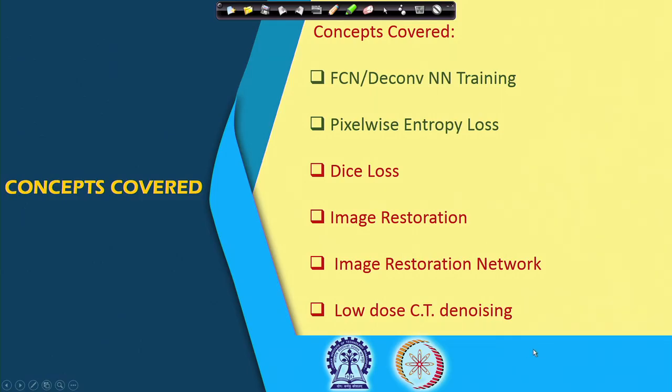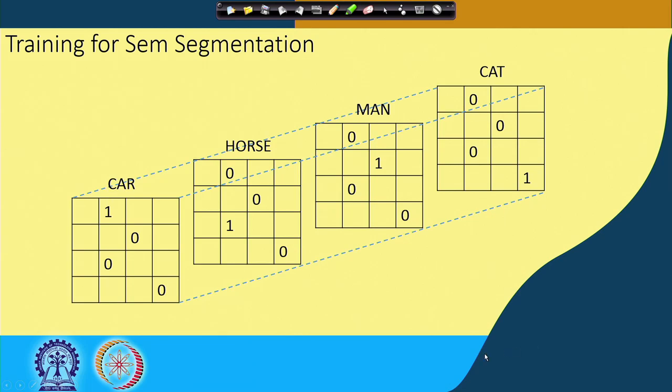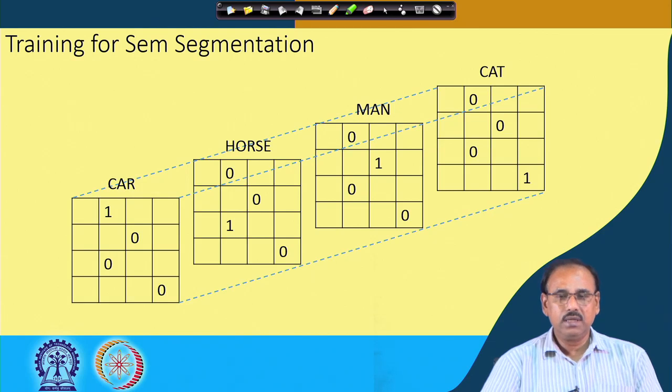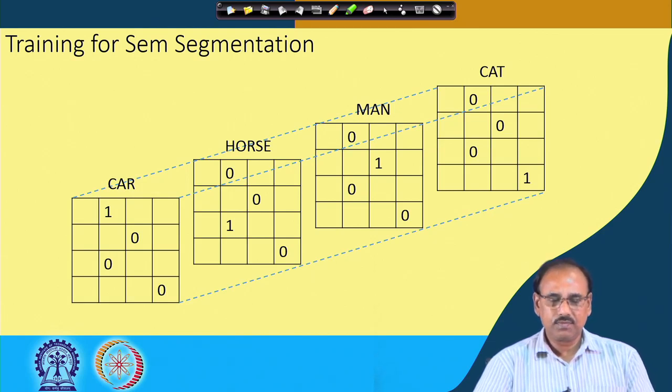So, let us see what is dice loss, and before coming to that, let me just recapitulate what is an array of one-hot vectors and how using this array of one-hot vectors we have computed the pixel wise entropy loss.